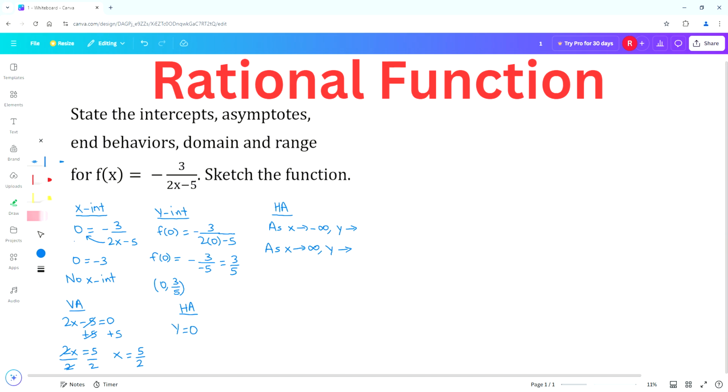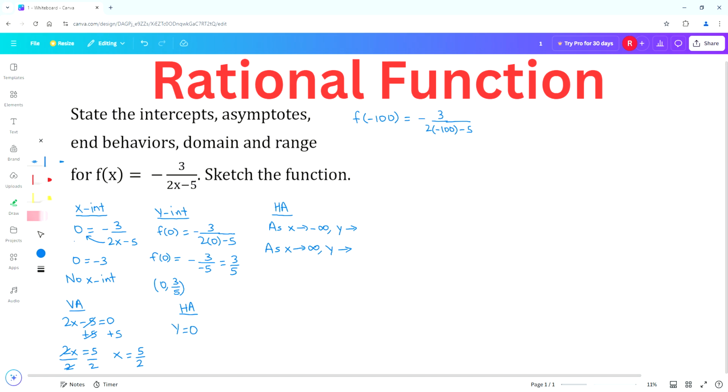from above or below. For the first test, x approaches negative infinity, we can use a big negative number for x. We should sub in x as negative 100 in the given function equation. 2 times negative 100 is negative 200.